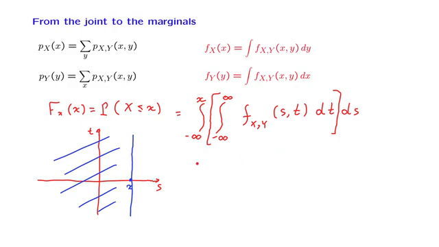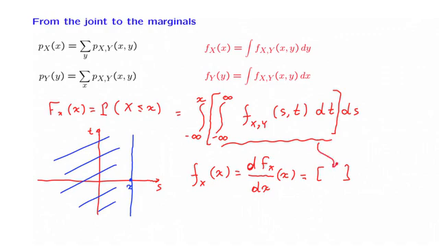Now, to find the density of x, all we need to do is to differentiate the CDF of x. And when we have an integral of this kind and we differentiate with respect to the upper limit of the integration, what we are left with is the integrand, that is this expression here. It is an integral with respect to the second variable, and it's an integral over the entire space from minus infinity to plus infinity.